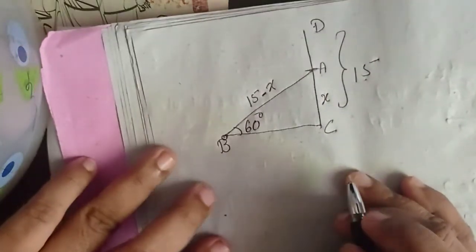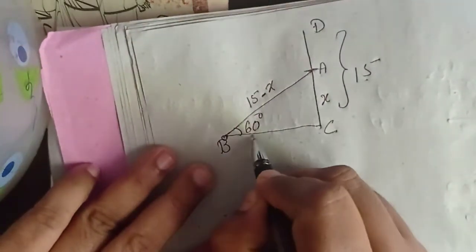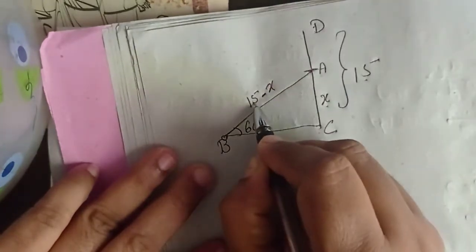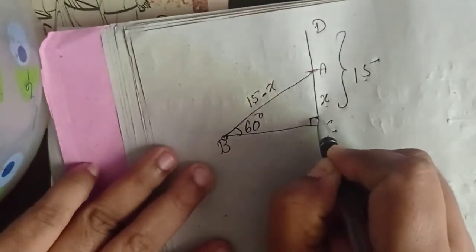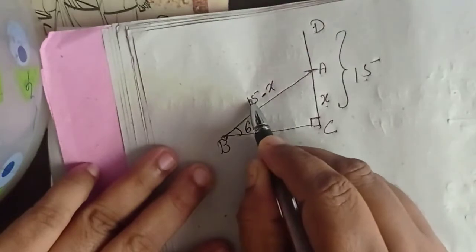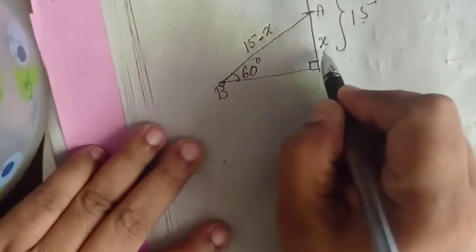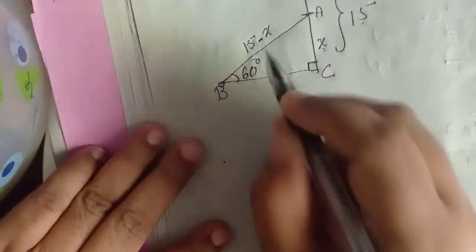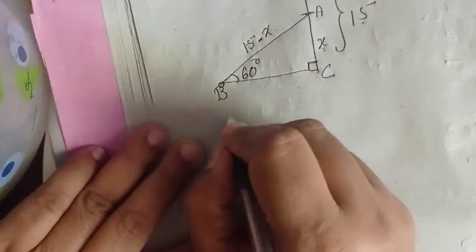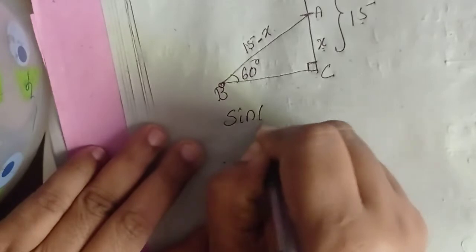Therefore, now the angle opposite and hypotenuse, this is 90 degree, vertical tree. Therefore, 15 minus X is the hypotenuse. Then what is the relation connecting opposite and hypotenuse? Sine 60. Very good.